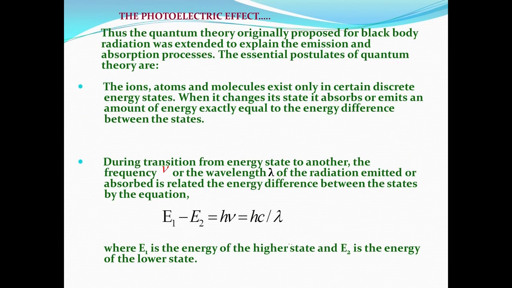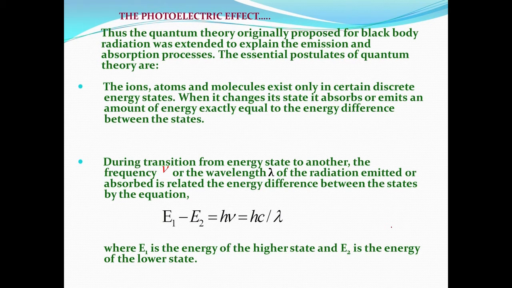Whenever there is a change in the energy state, the change is exactly equal to the energy difference between the states. It is not continuous, it is quantized. Therefore, during transition from one energy state to another, the frequency or wavelength of the radiation emitted or absorbed is related to the energy difference between the states.